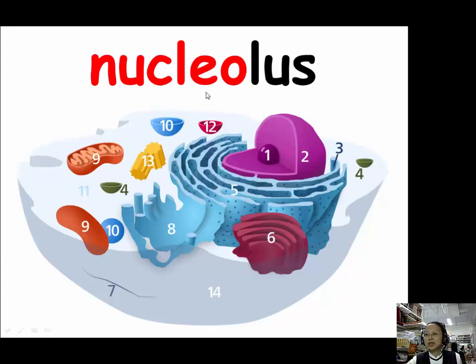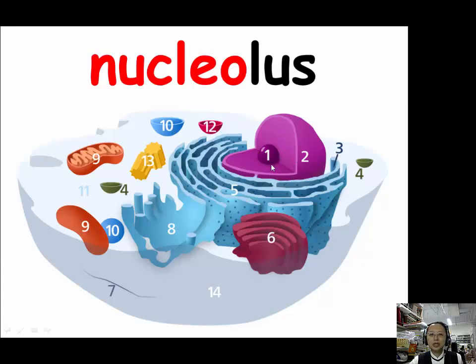Nucleolus refers to a conspicuous rounded body within the nucleus of the cell. In this picture, number 2 is the nucleus and number 1 is the nucleolus.